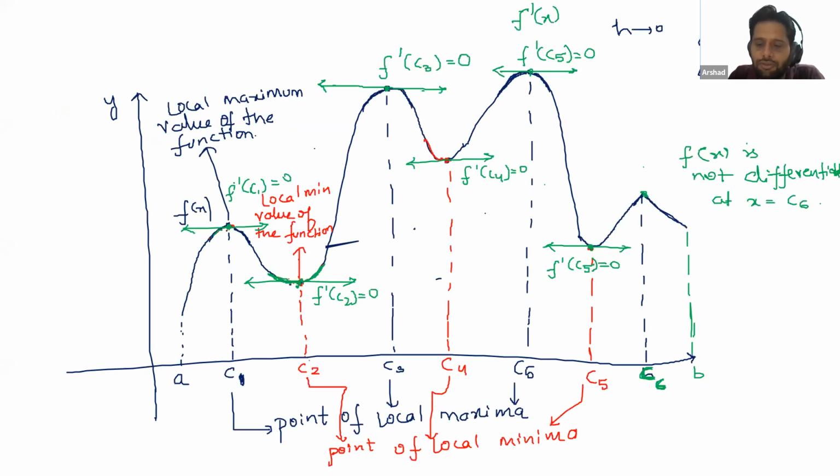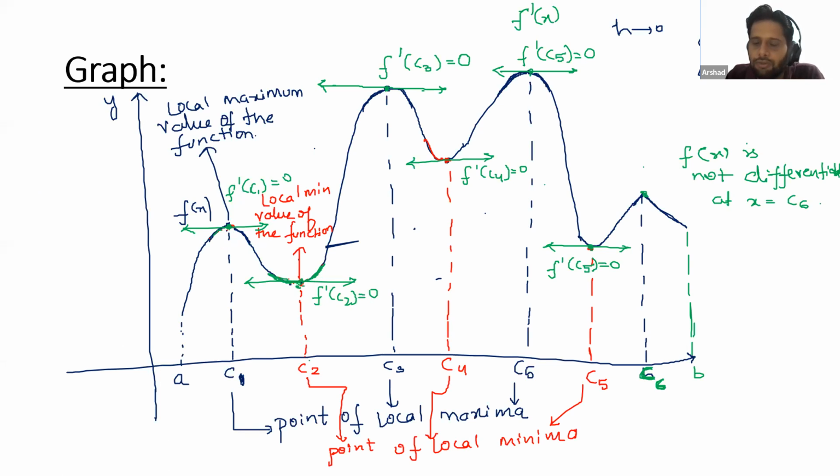If you check this graph, then the local maxima and the local minima we get at the critical point. What is the critical point? Where either the derivative is 0 or the function is not differentiable.